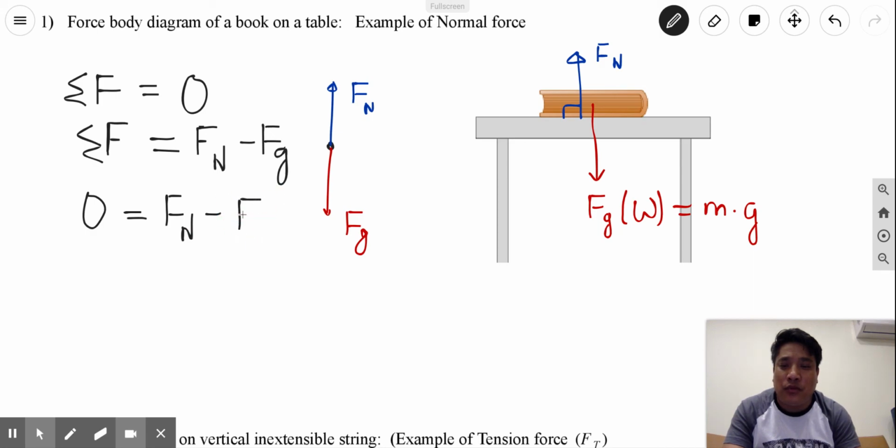From this equation, we can say that the normal force equals gravity. We also know that the gravity force, which is weight, is equal to mass times gravity. So in this case, the normal force would be the same as the weight of the object, or mass times gravity.